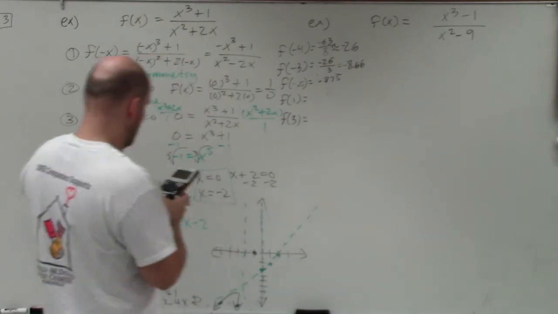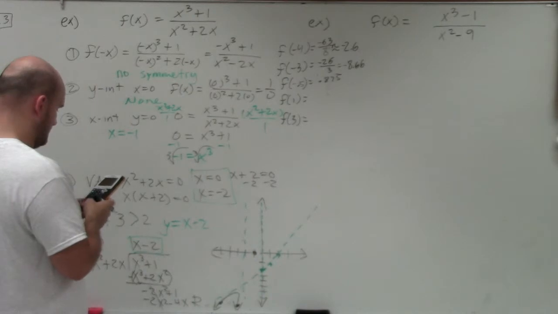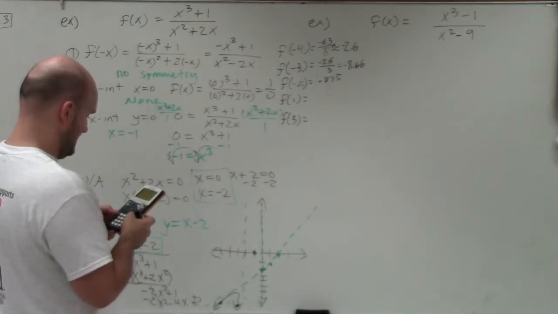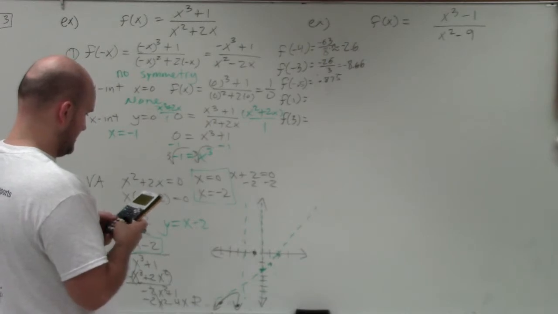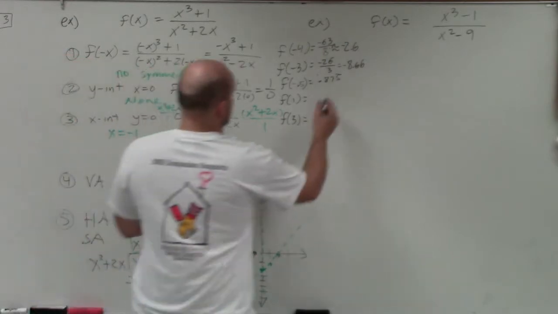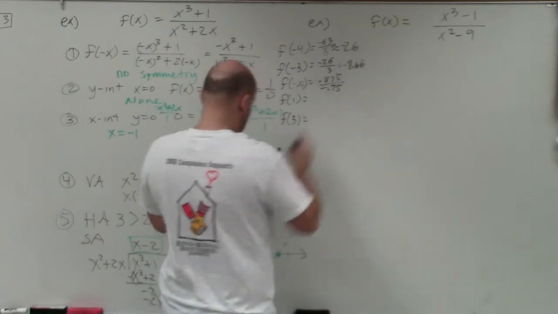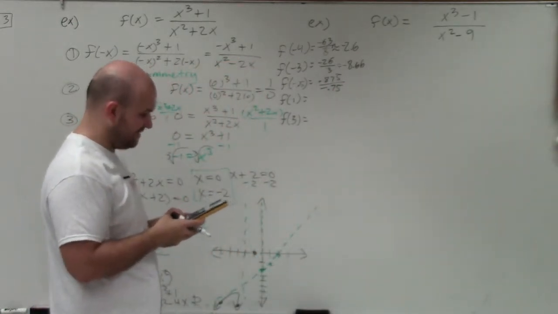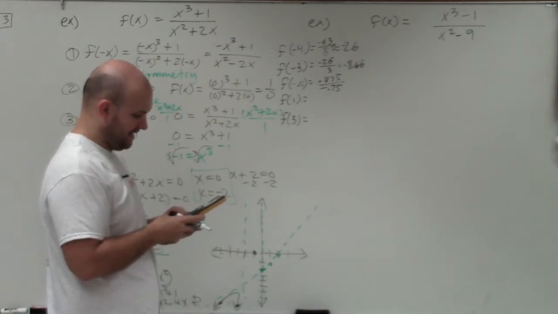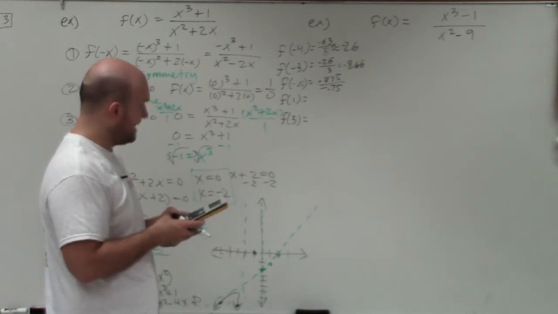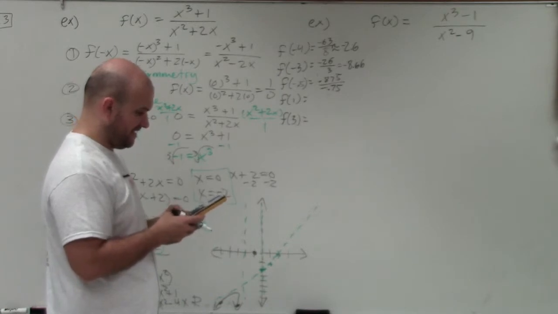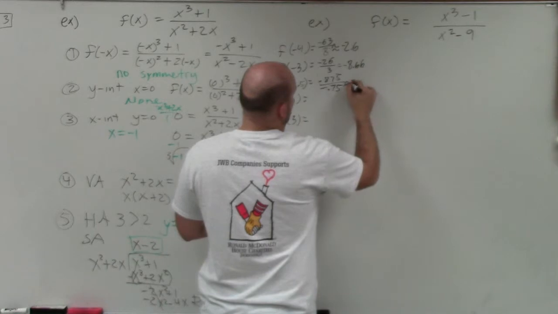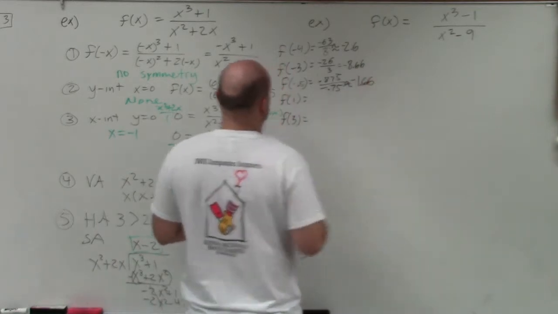OK, and then that's divided by 0.5 squared minus 2 times 0.5, that's -0.75. So 0.875 divided by -0.75 equals approximately -1.66. OK, got that.